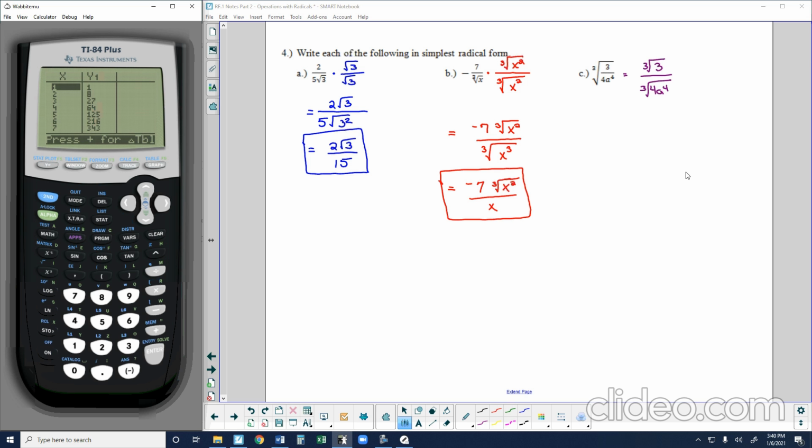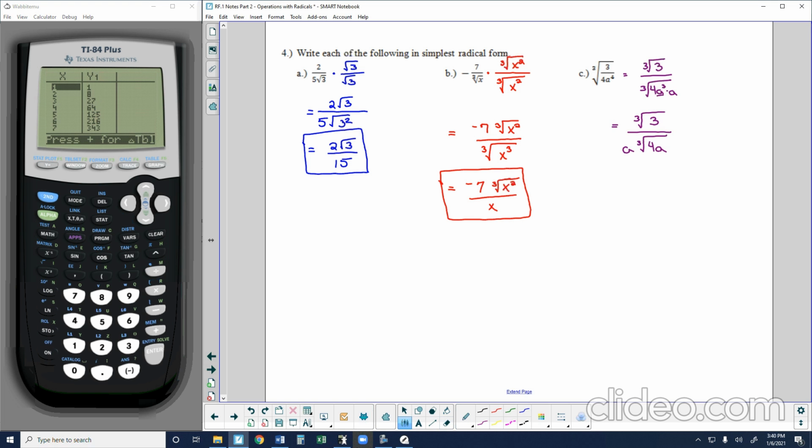So I cannot simplify the cubed root of 4, but I'm going to go ahead and break apart a to the fourth into a cubed times a. So what this leaves me now is a numerator of the cubed root of 3 and a denominator of a, because this one simplifies, times the cubed root of 4a.